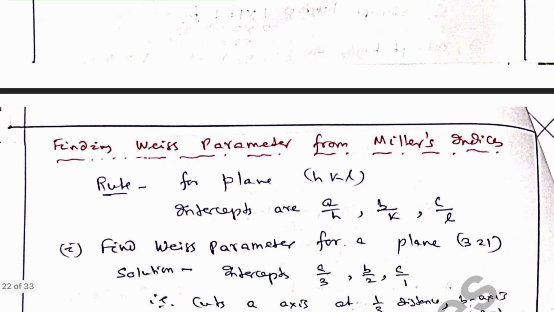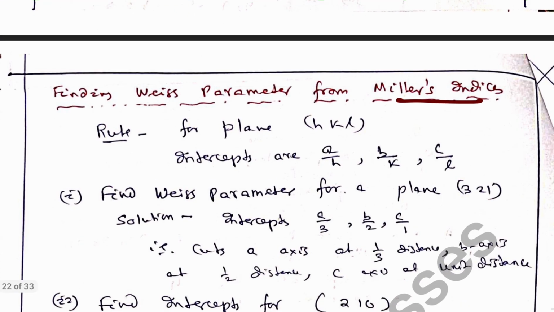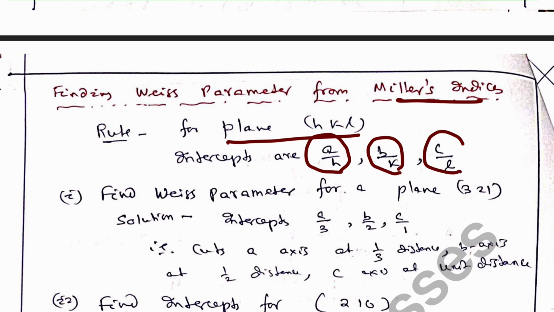Now, finding Weiss parameters from Miller's indices. The rule is that for the plane HKL we have to take the intercepts. Intercepts are A by H, B by K, C by L. So let us find the Weiss parameters for a plane 3 2 1.